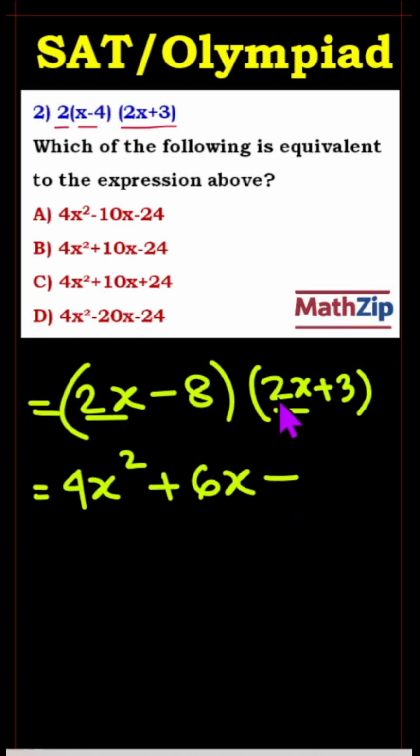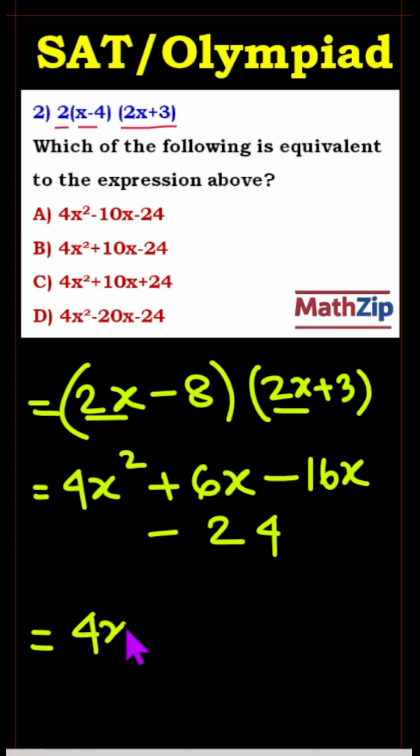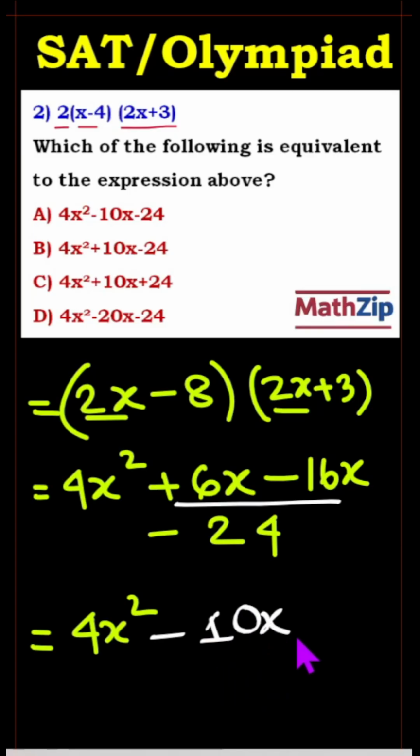Minus 8 times 2, it will be 16x, minus and plus minus 8 times 3 is 24. Now here is 4x square and here plus 6x minus 16x, it means here is minus 10x and finally minus 24.